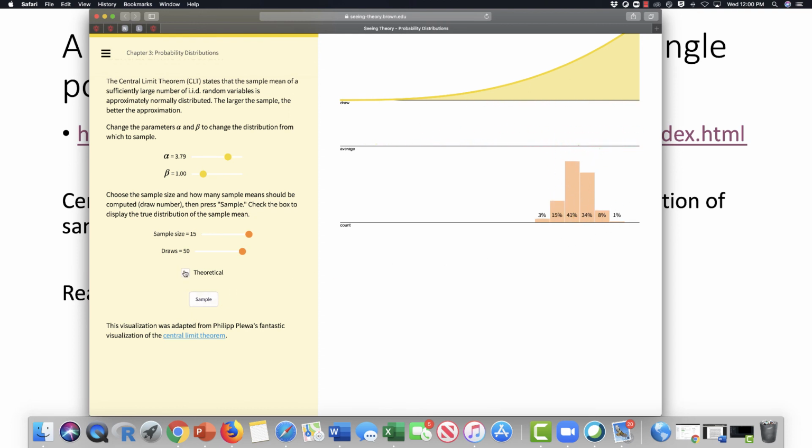So the theoretical normal curve looks like that. Not bad. Just so you know, if our sample sizes could go above 15, the curve would fit even better. 15 is actually a very small sample size.